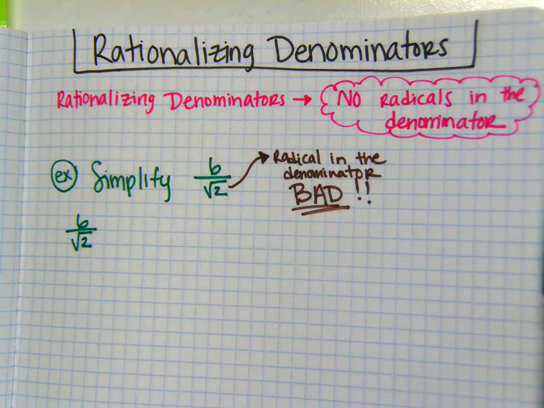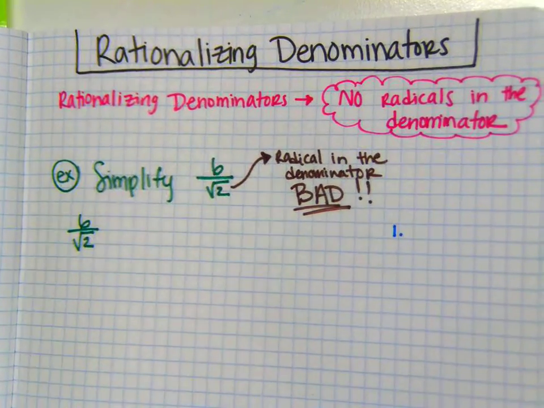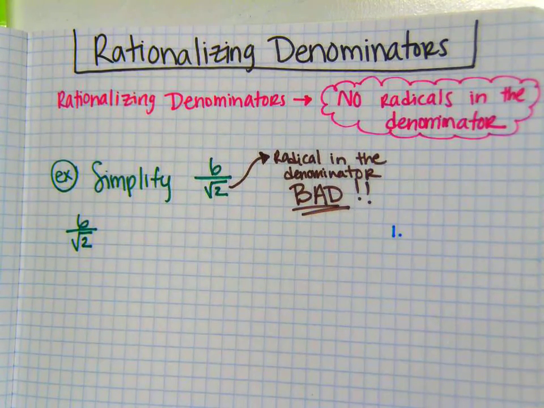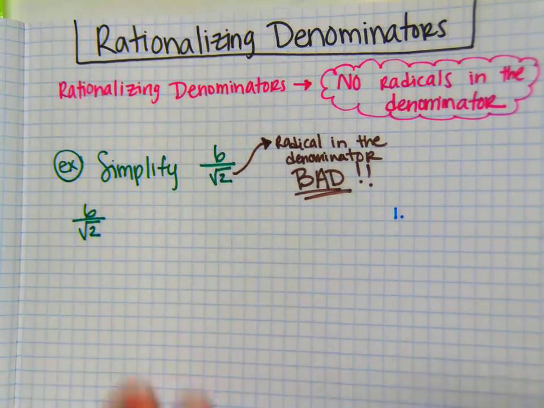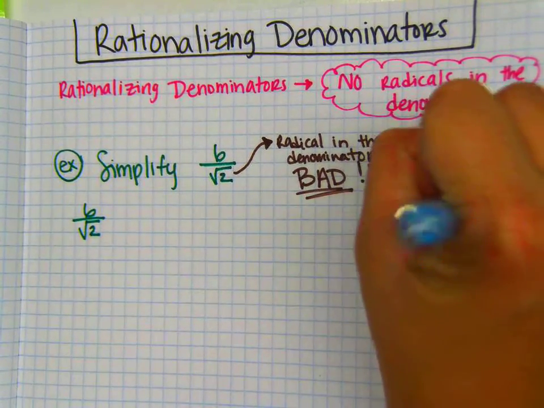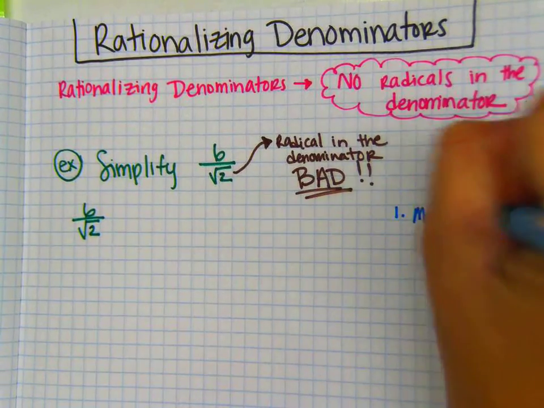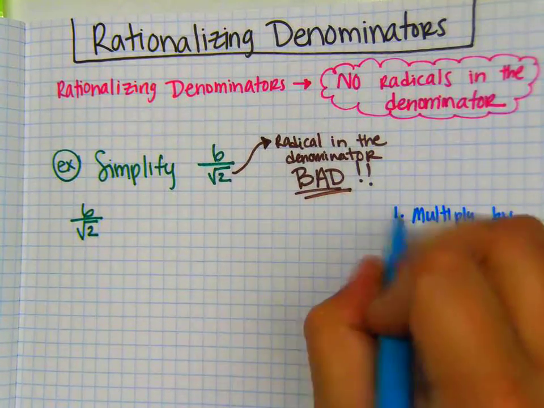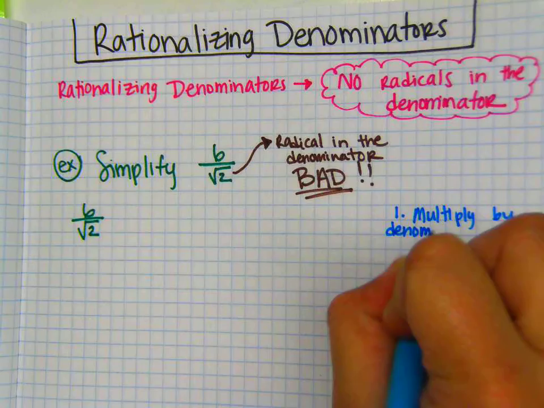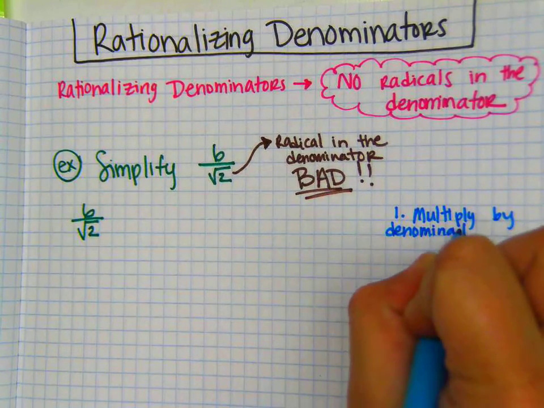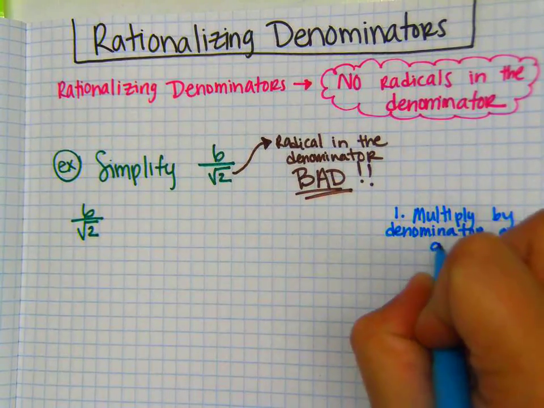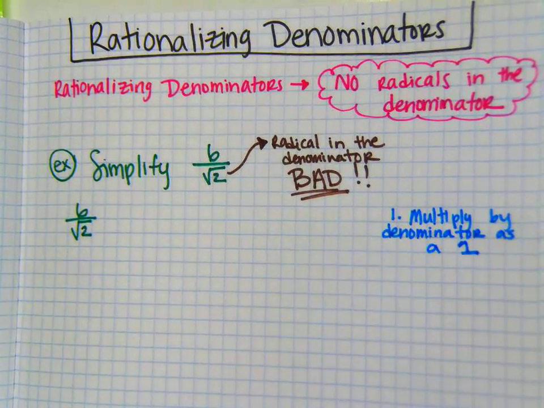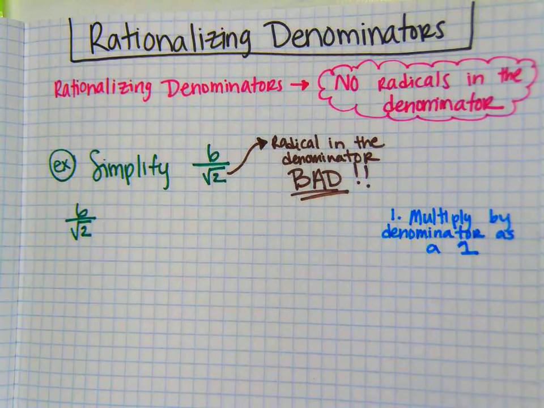So our first thing we're going to do is multiply by the denominator, but we're going to multiply as if it's a 1, okay? So I'm going to write that down and then I'll explain what that means. Multiply by denominator as a 1. You know that if we have 2 over 2, that's 1.